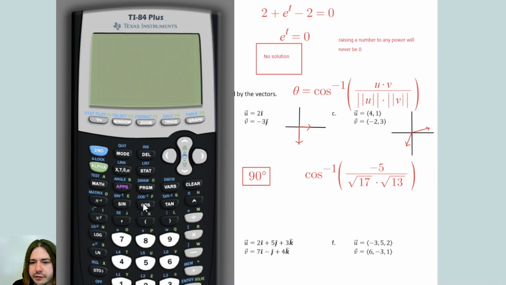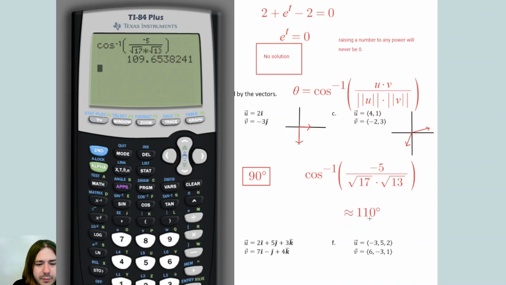And so we've got the inverse cosine of negative, let's do a fraction, negative 5 divided by the square root of 17 times the square root of 13, and so we get about 109 degrees. Or I guess if we're rounding, 110 degrees.